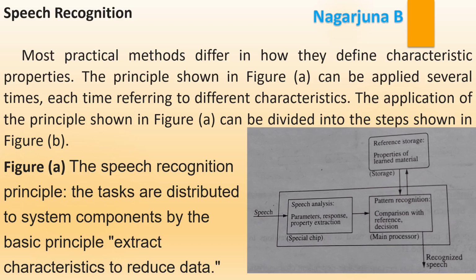It means the principle can be applied several times, and each time referring to a different characteristic. That means one time based upon the acoustic signal, one time based upon the syntax, one time based upon the semantics, one time based upon the pronunciation. Like that, we can apply the same principle a number of times, and each time will be referring to a different characteristic.